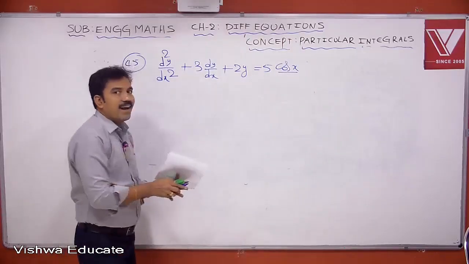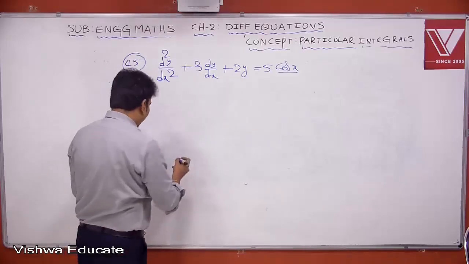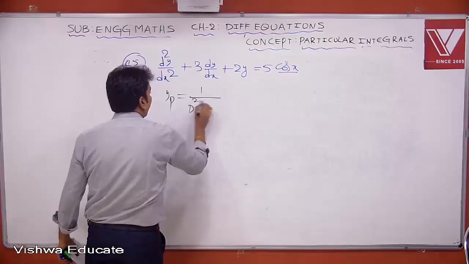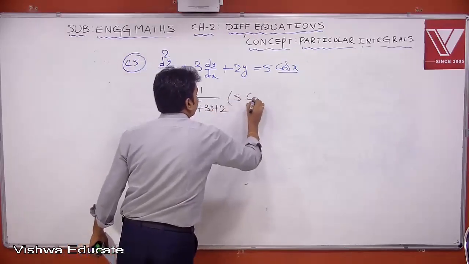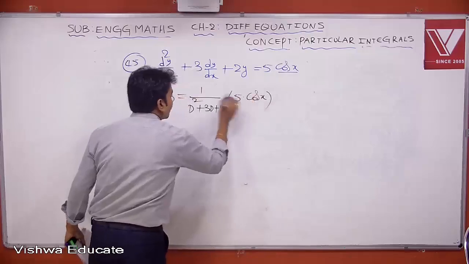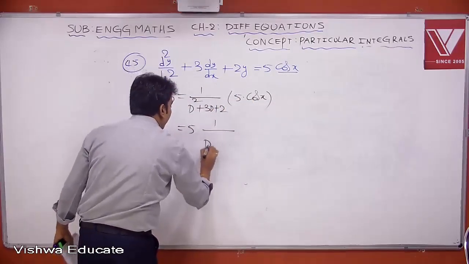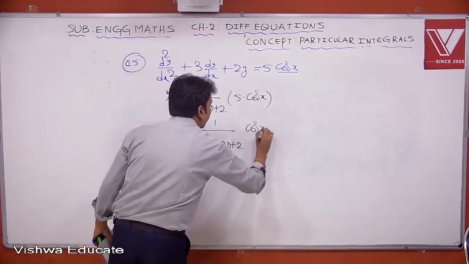Now you can handle this by using case 3. So here, what is my yp? yp equals 1 by d square plus 3d plus 2 of 5 cos x. 5 is a constant, so you can take 5 outside the 1 by f of d. 5 into 1 by d square plus 3d plus 2 of cos x.